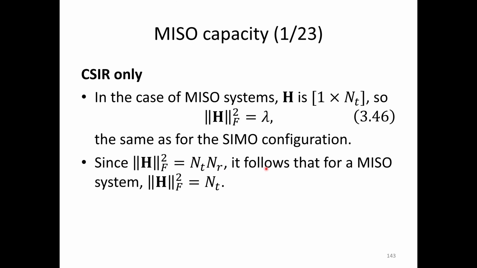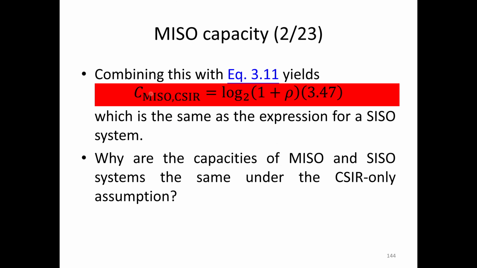It follows that for a MISO system, the square of the Frobenius norm of H is equal to NT, because the number of receive antennas NR is equal to 1. So we can cancel the term NR here, and only the term NT remains. Combining this with equation 3.11 yields.